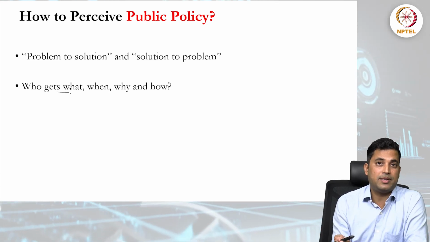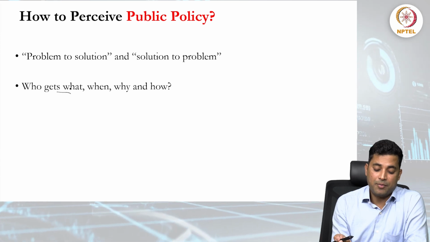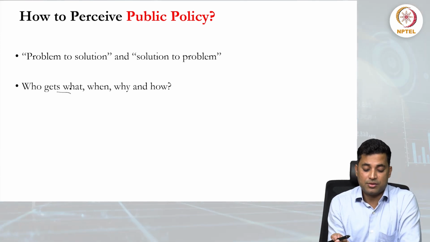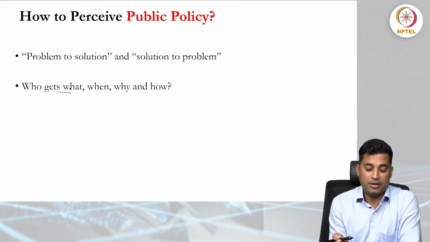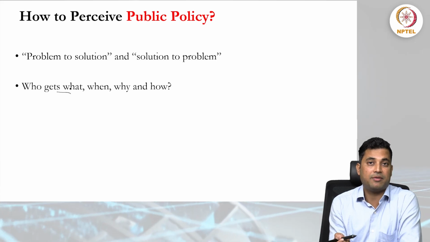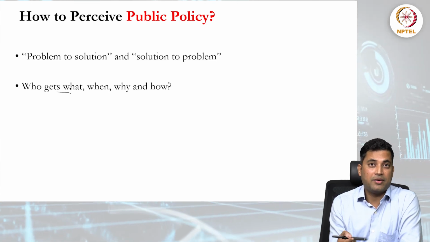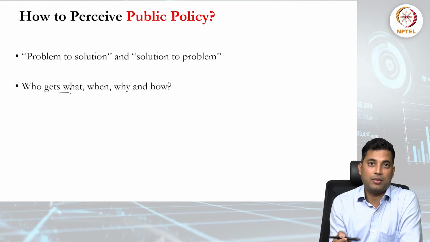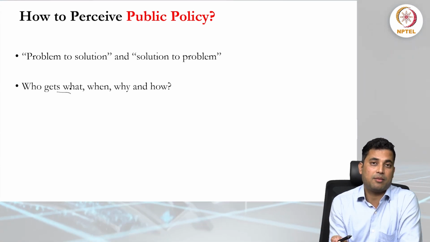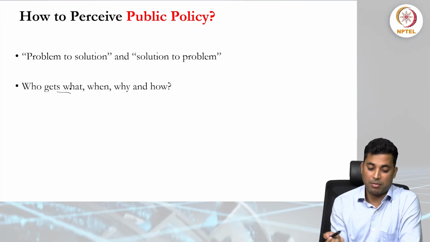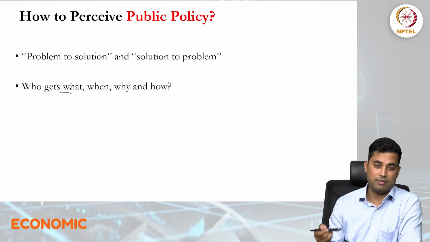That's why we see that many policies are framed during the elections or during extreme events. So it is very important, like when and why, the rationale for the public policy, and how actually speaks about the process of the public policy that one frames.